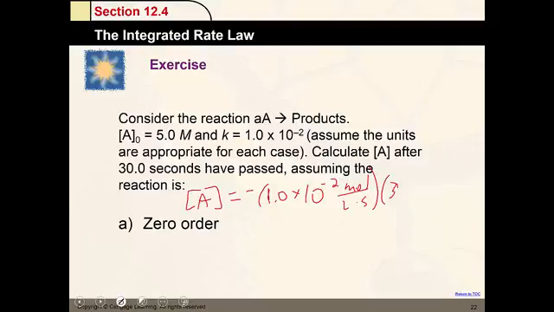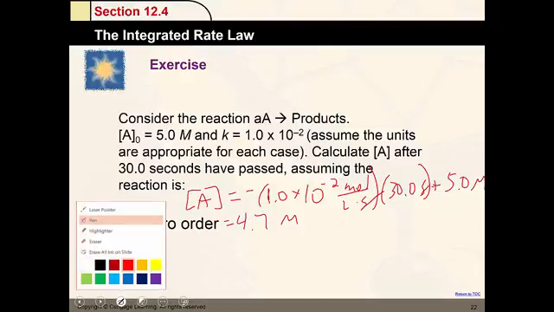The time here, 30 seconds. And then we add it to the original concentration of A. And when you do all that, you get a concentration of A is 4.7 molar.